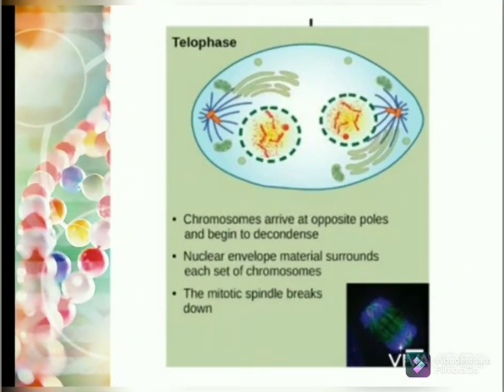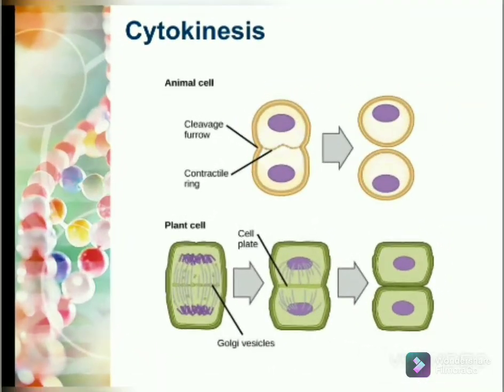Chromosomes arrive at opposite poles and begin to decondense. Nuclear envelope material surrounds each set of chromosomes, and the mitotic spindle breaks down. Cytokinesis. In animal cells, a cleavage furrow separates the daughter cells, and in plant cells, a cell plate separates the daughter cells.